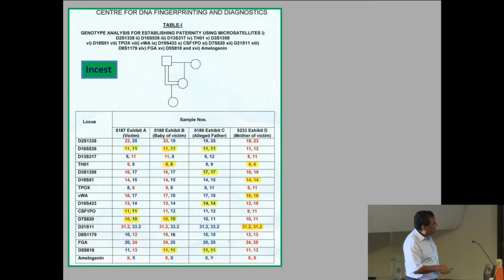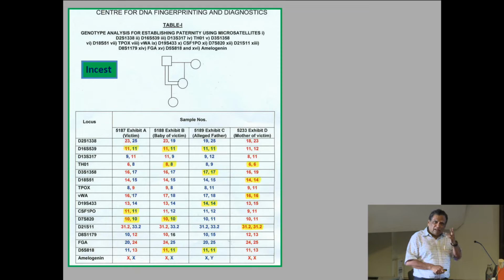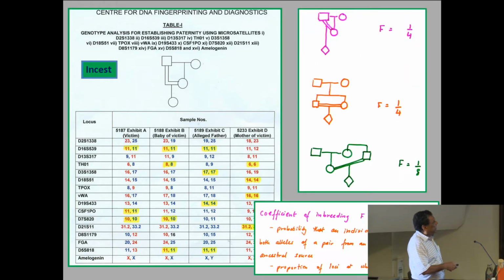Now, this means that the baby has become homozygous at 4 loci. 4 out of 16 is 1 by 4. This is what you would expect in a first degree mating, right? And this I'll show you, why it comes to 1 by 4.